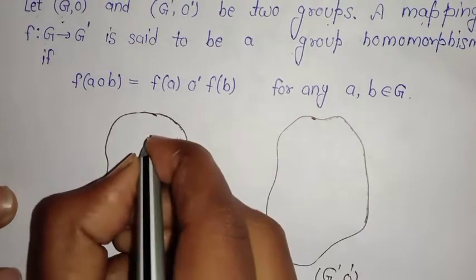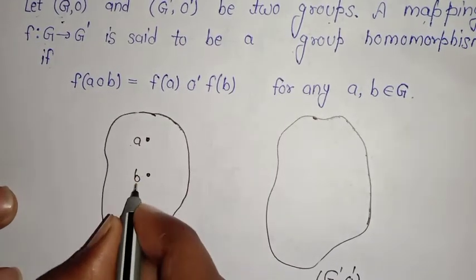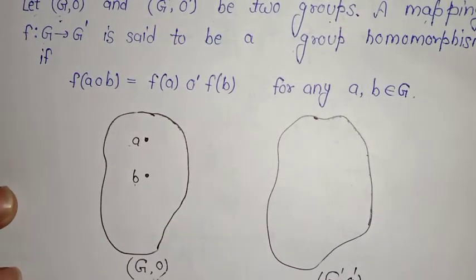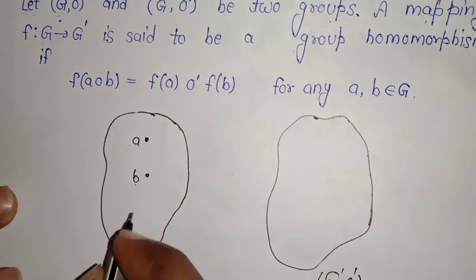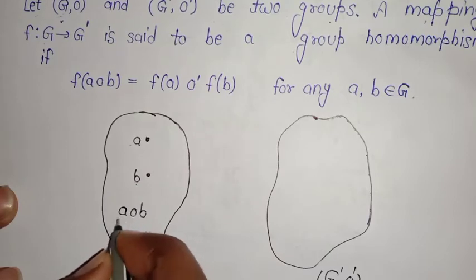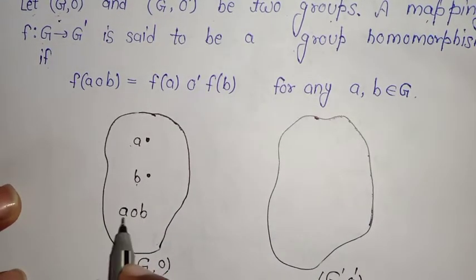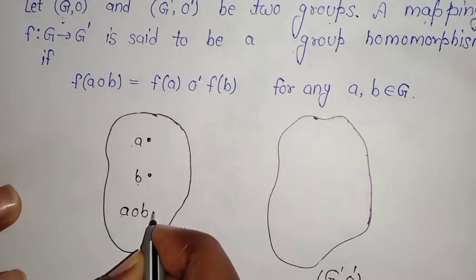Now suppose there are two elements a and b. If these two elements are in this group and the group holds the closure property, then if we apply the binary operation over these two elements, the result must belong to the given group, because this is a group.